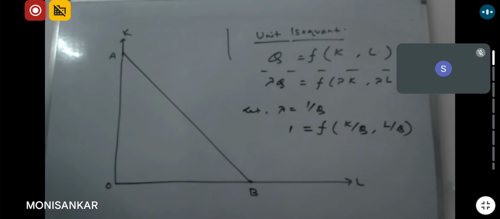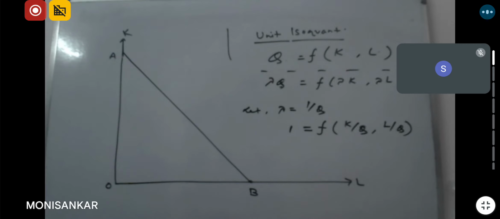What is a unit isoquant? When you measure a unit isoquant, normally what is an isoquant? It is the combination of labor and capital to produce a fixed output. It is the locus of all the different combinations of k and l along which your output is constant.